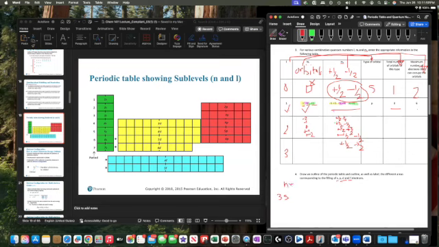That means n. n is a symbol that indicates the energy level. It just tells you this is the energy level. That's what the designation is here. So for energy level 3, we have 3 sublevels. 3s is the first sublevel. 3p is the second sublevel. 3d is the third sublevel.